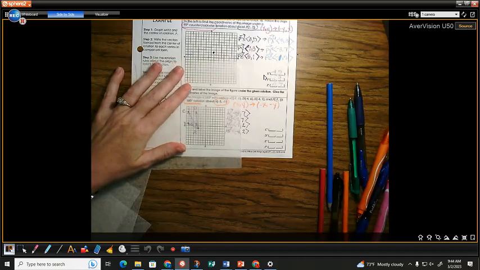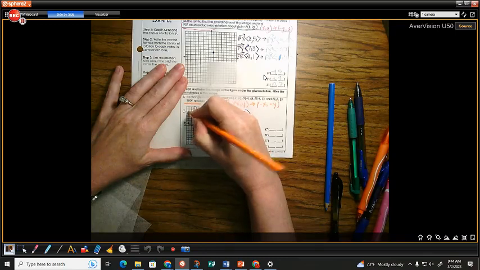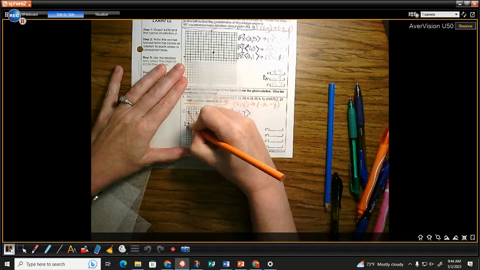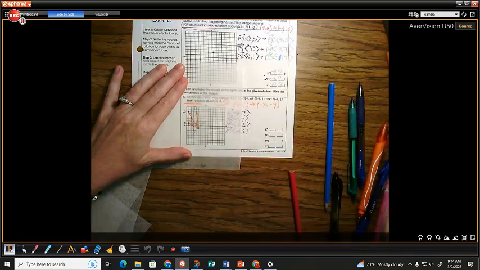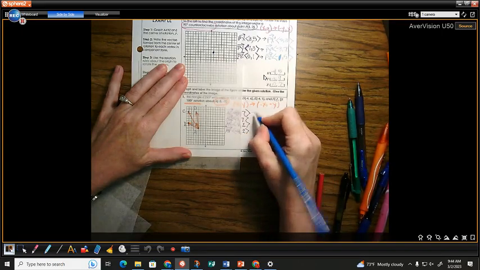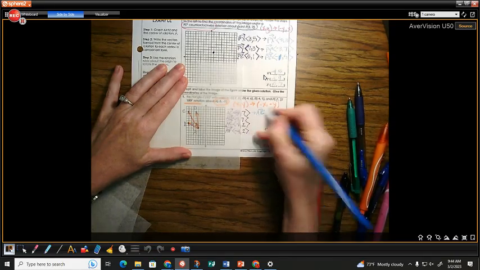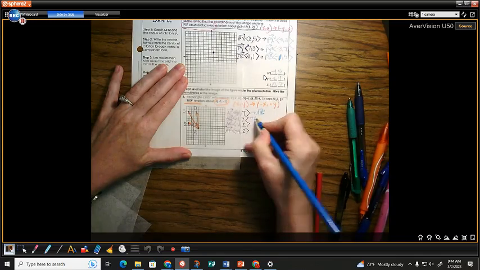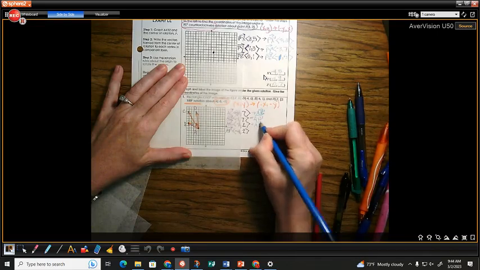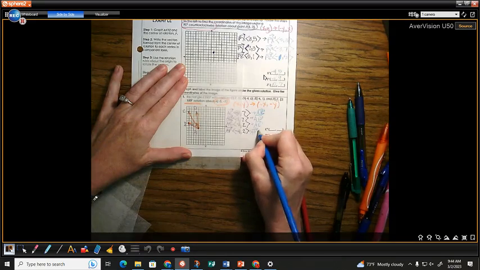Okay? Now we want to rotate them. So I want to take these guys and use my rotation rule to get them to where I want them to be. The rule says to do -x, -y to all my vectors. And so now instead of AC, I'm going to have AC prime, and then AD prime, and then AE prime, and then AF prime.